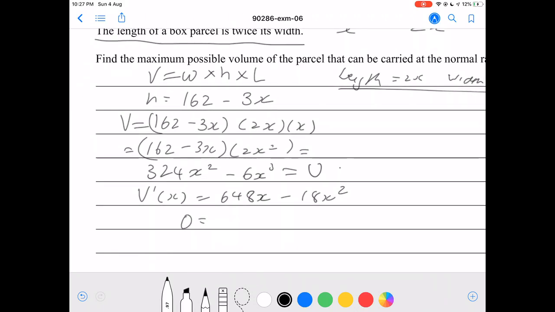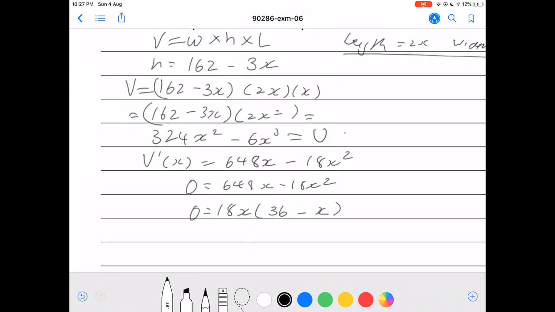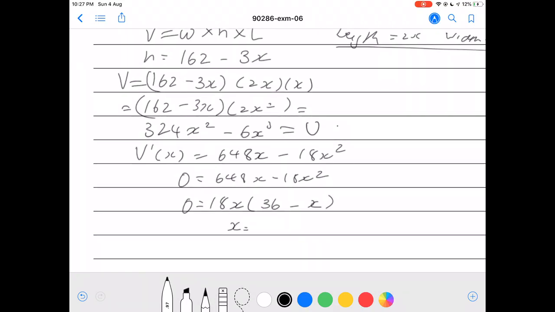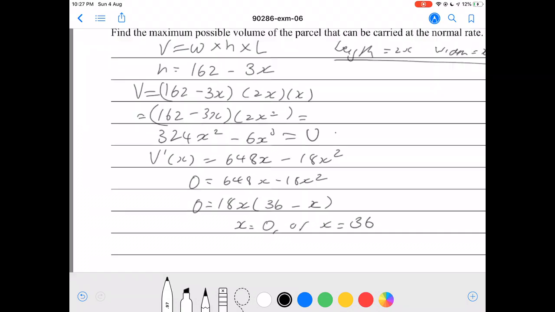So 0 equals 648x minus 18x squared. You can take the 18 out. So 0 equals 18x times 36 minus x. So therefore x equals 0 or x equals 36.